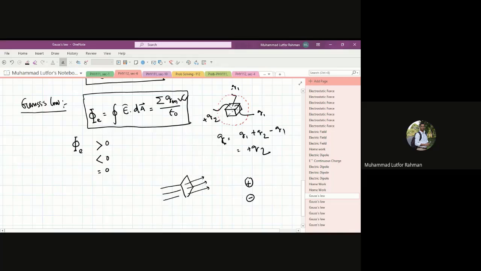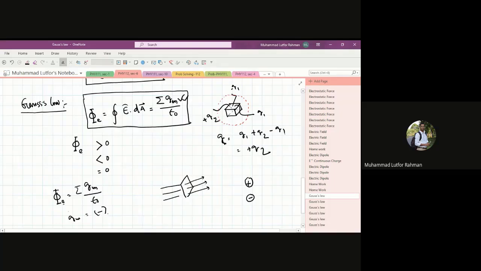We can explain this because we find that phi is Q enclosed divided by epsilon naught, right? If phi is negative, this is constant. So phi is negative, multiply that quantity, you will find a negative quantity. That means I can say this enclosed charge should be a negative quantity. It means that in that region there will be some negative source charge.